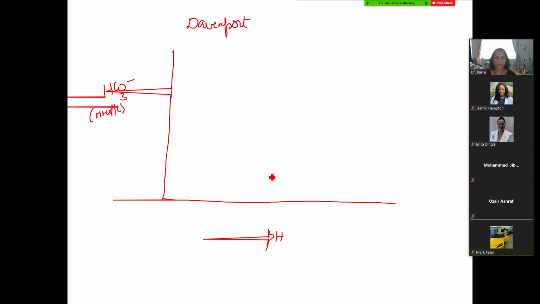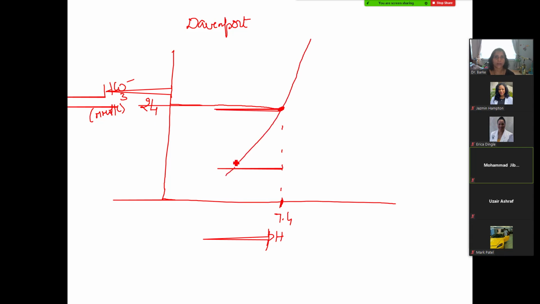The normal point corresponds to a pH of 7.4, and at this normal point the bicarbonate is 24. The 40 is the partial pressure of carbon dioxide, 40 millimeters of mercury. So at normal point N, pH is 7.4, bicarbonate is 24, and partial pressure of carbon dioxide is 40.